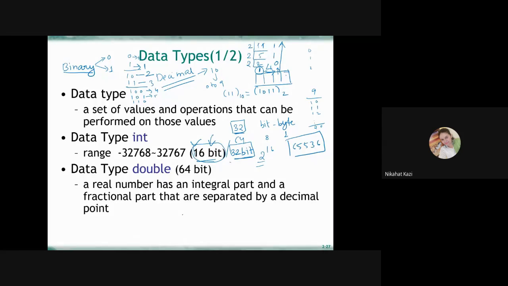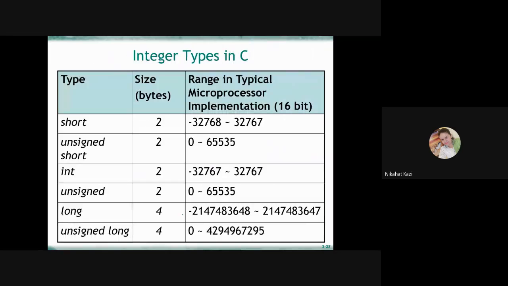Okay. This is the double type. So this gives you a gist of the integer type. Now in integer also there are different types where you can make specialized kinds of integers.